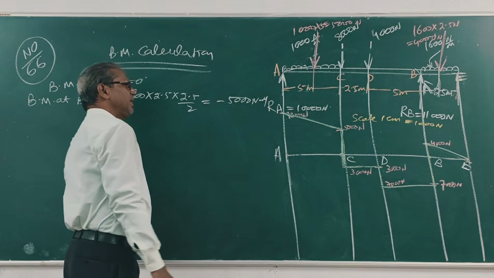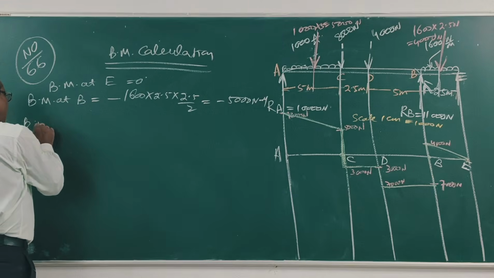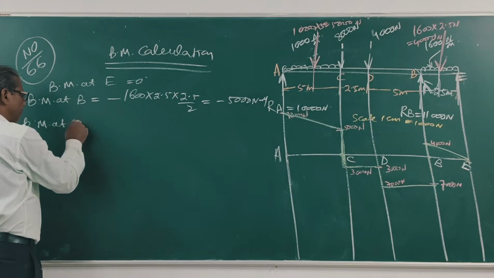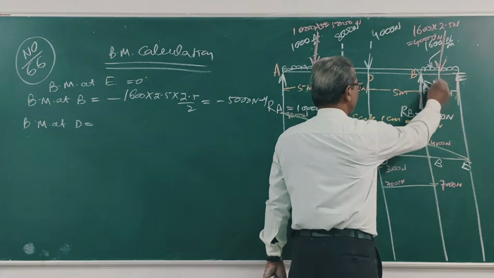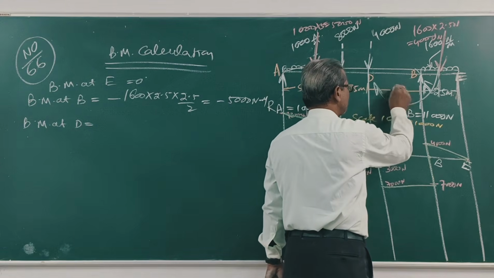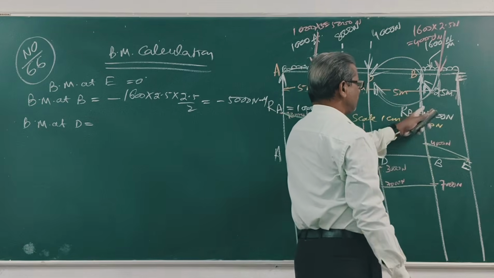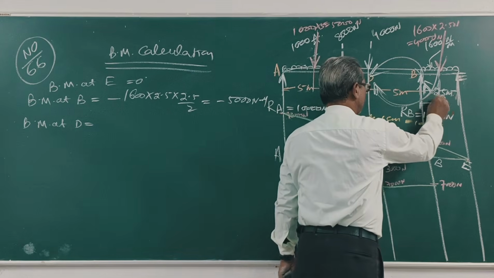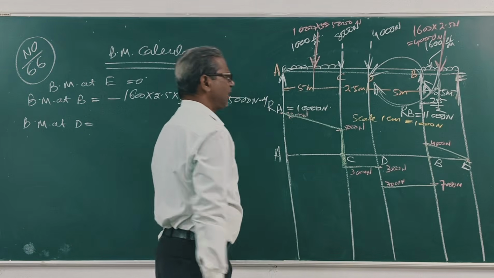BM at D. This is plus, this is minus, this is plus. So minus 4000 into 2.5 by 2, 1.25. Clear?